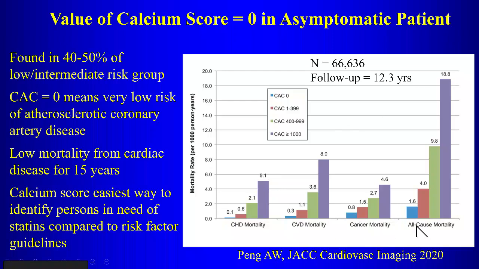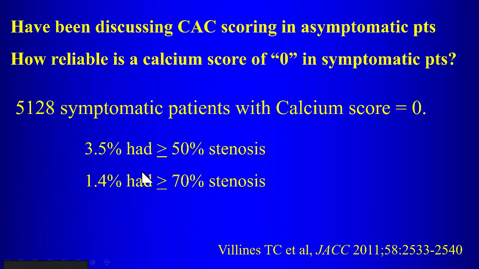Even cancer mortality and all-cause mortality are extremely low for patients who have a calcium score of 0. Right? So very low mortality, especially from cardiac disease, in this group of patients. The calcium score is the easiest way to identify persons in need of statins compared to risk factor guidelines. That's the way it can be used to manage their therapy.